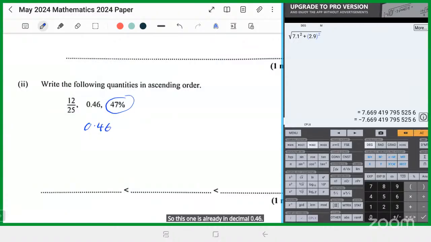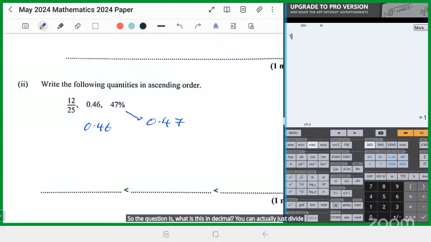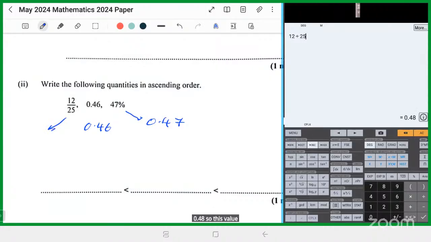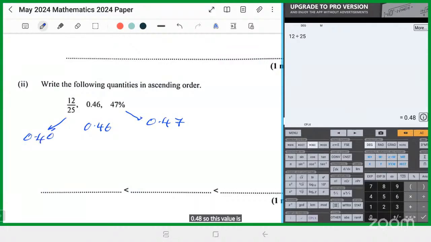This 47%, you must know it is 0.47. So the question is, what is this in decimal? You can actually just divide it, 12 divided by 25, 0.48. So this value is 0.48.